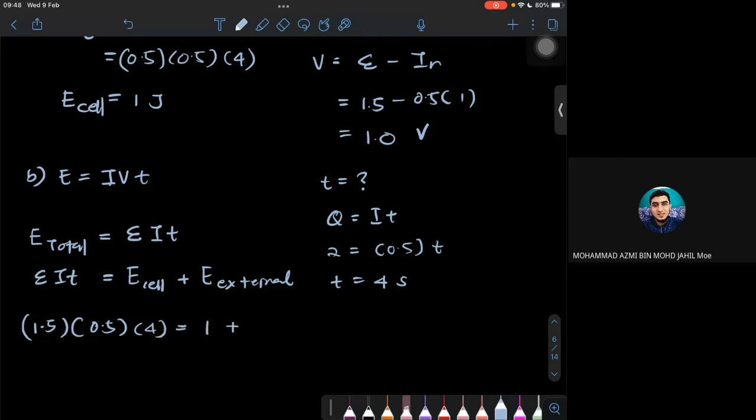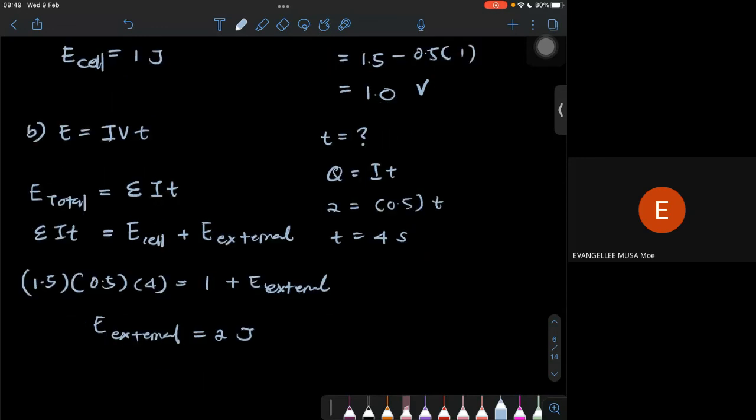It's 1 joule plus E external. So E external will be equal to 2 joule.